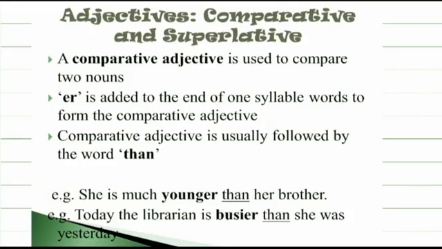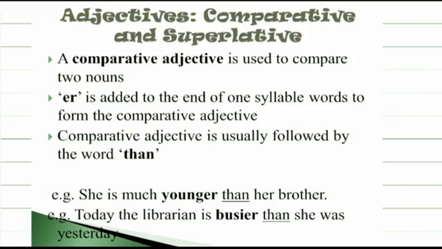So let's just go over this quickly. A comparative adjective is used to compare two nouns. To form it, we add ER to the end of that word. And a hint to identify the comparative adjective is that it's usually followed by the word than.